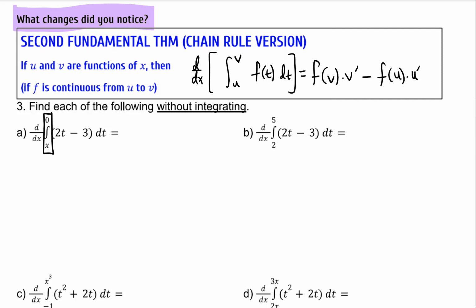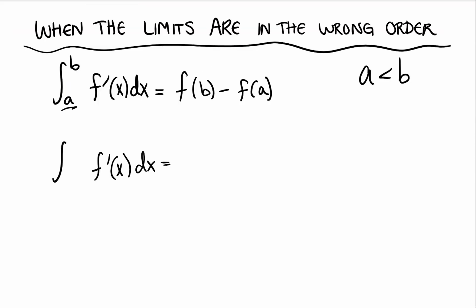So they've switched the limits. What does that do to our integral? Important piece of information for a definite integral when the limits are out of order. When a is less than b, and a is the lower limit and b is the upper limit, nice and easy, fundamental theorem of calculus.